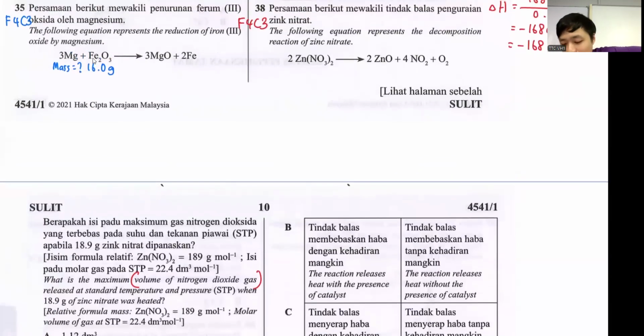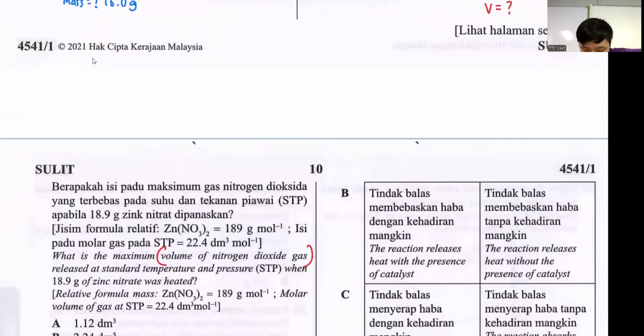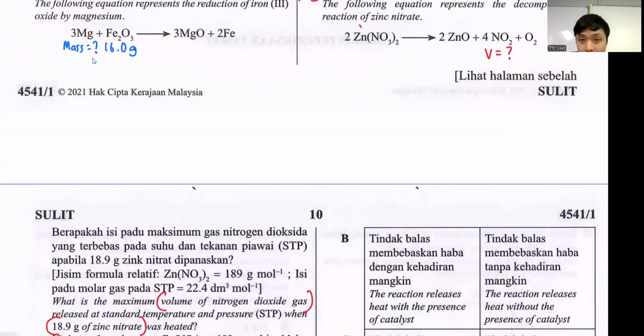Nitrogen dioxide is NO2. So you want to find V equals question mark. Volume of NO2, how much, when 18.9 gram of zinc nitrate was heated. Zinc nitrate is this one, first one.